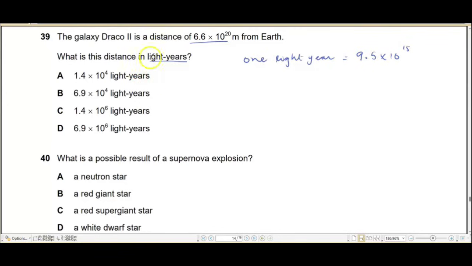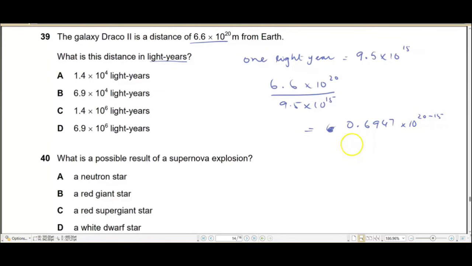If this has to be converted into light years, what are we going to do? We are going to divide this distance by the value of 1 light year. And this is going to give us an answer of 0.6947 times 10 raised to the power 20 minus 15.